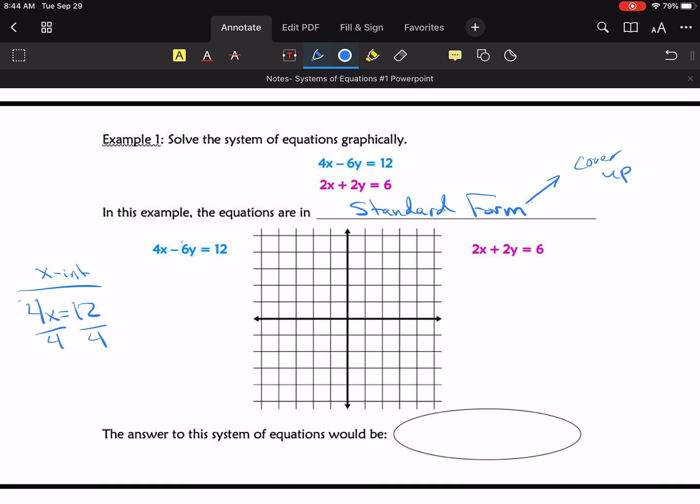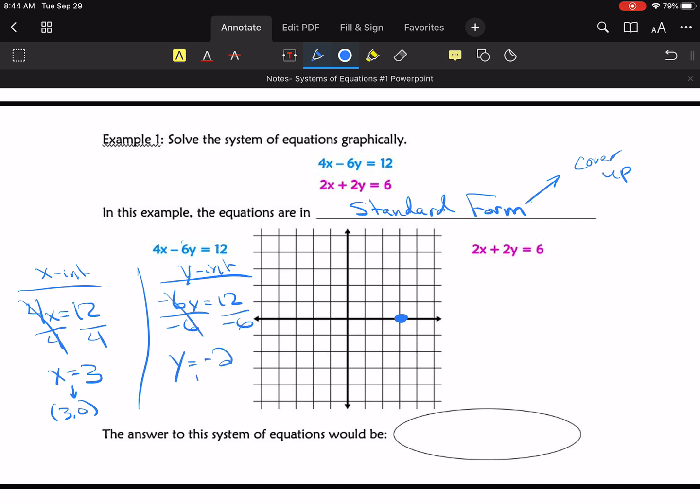Divide, I get x equals 3, which would be the ordered pair 3, 0. So plotting that, 1, 2, 3. Find the y-intercept, cover up the x, so that leaves me with negative 6y equals 12. Divide the negative 6 off, get y equals negative 2, which would be the ordered pair 0, negative 2. So go down 2 and put my dot. And there is the equation of my first line.